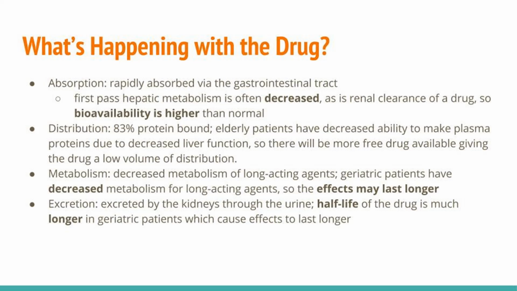However, elderly patients have a decreased ability to make plasma proteins because of their decreased liver function. Because Flurazepam is not as highly protein bound as normal, more free drug is available, giving the drug a low volume of distribution. The ability of the drug to be metabolized slows as age progresses due to hepatic clearance decreasing.